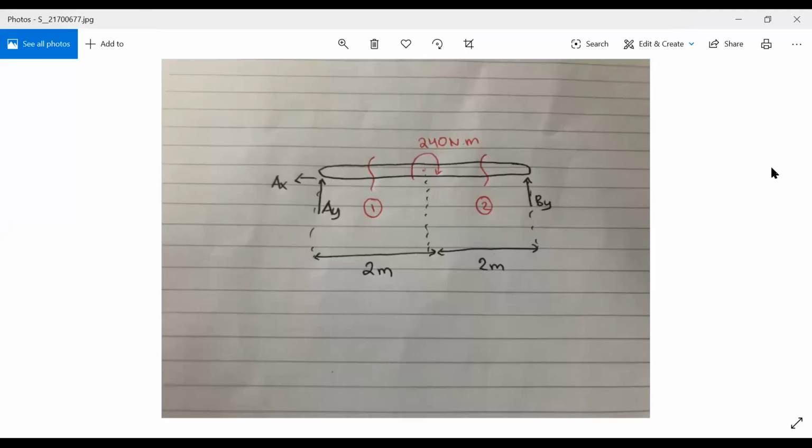I want to ask, because there are 2 partitions, right? And there's a moment in the middle. Okay, yeah. By partition you mean the cut, right? Yeah, the cut. Cut number 1 and cut number 2. So cut number 2 would be right after the moment, right?